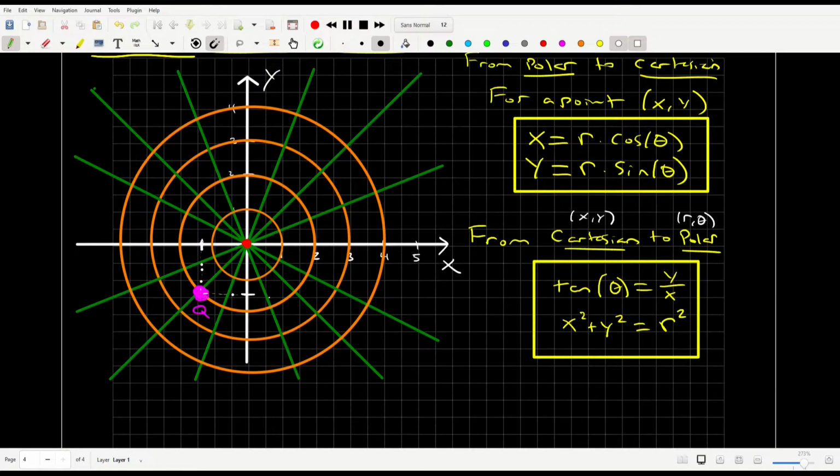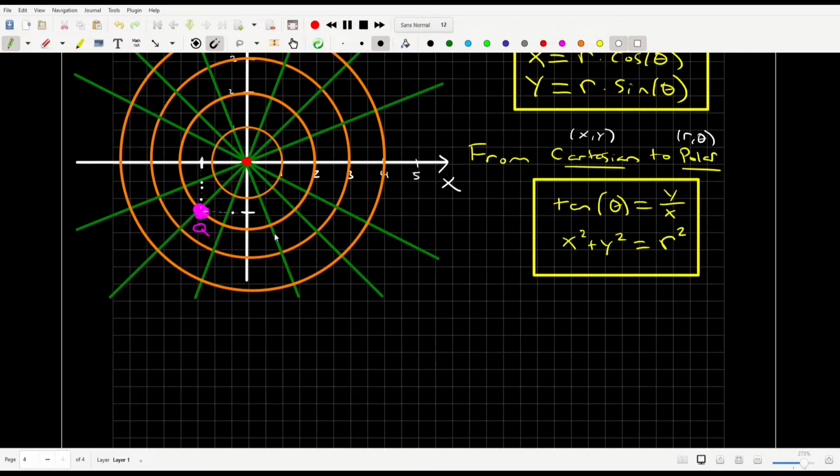But in terms of the polar coordinates of this point, it's very nicely described by going out to a radius of 2 and then rotating around all the way until we get to an angle of 5 pi over 4, or pi plus pi over 4.